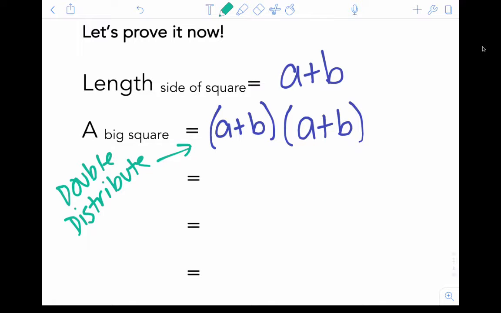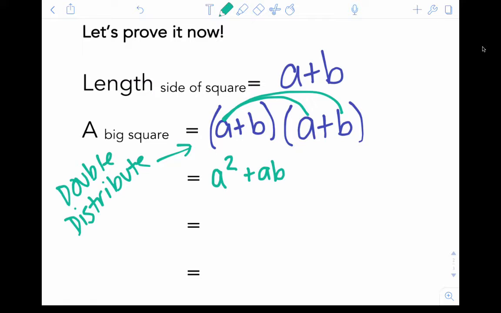So I'm going to take the A and distribute it to both parts of the second parenthesis. When I do that, I get A times A, which is repeated multiplication. That is an exponent, so I have A squared. And then A times B, which I can just write as AB.